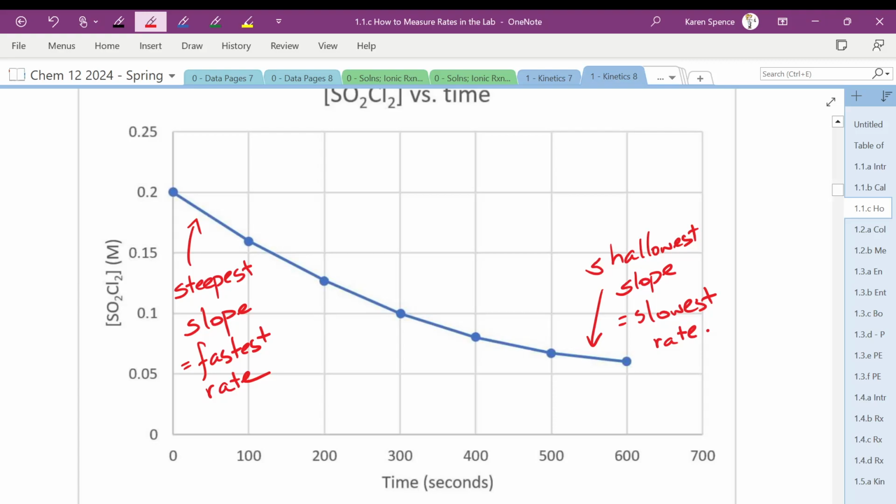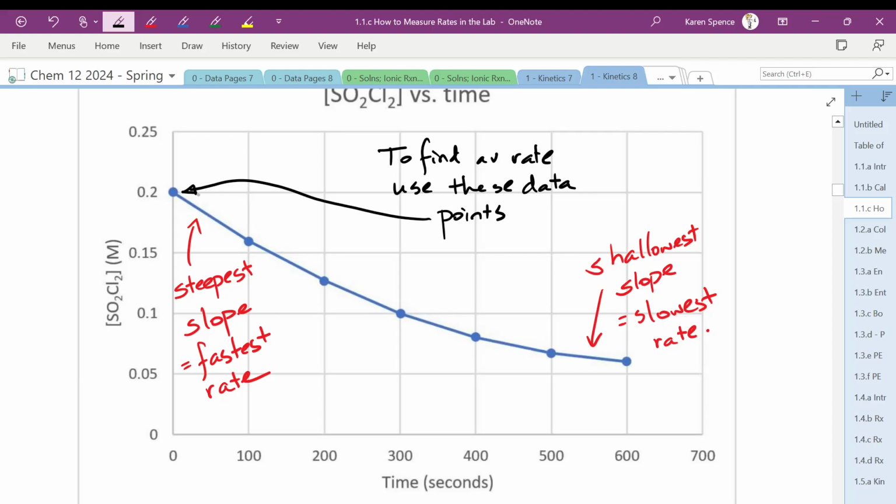Which data points would you use to find the average rate? Say you didn't have the actual data table. Say you had to read it off the graph. You would use this one and you would use the last one.